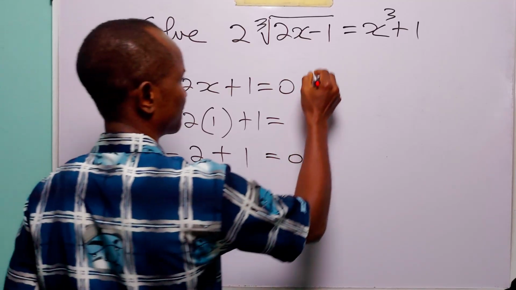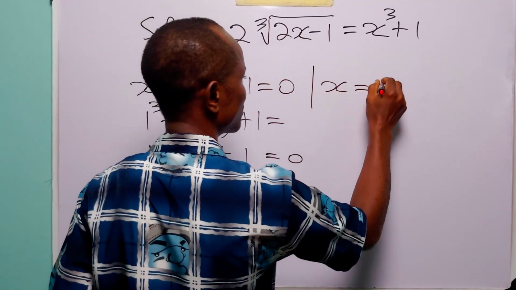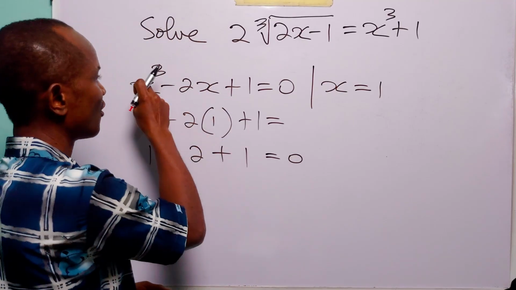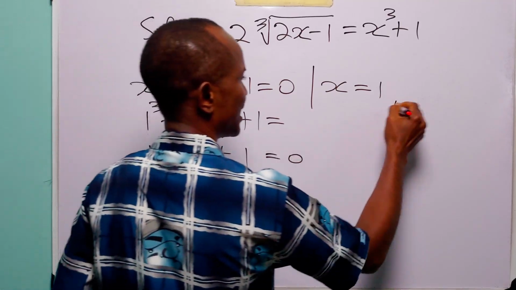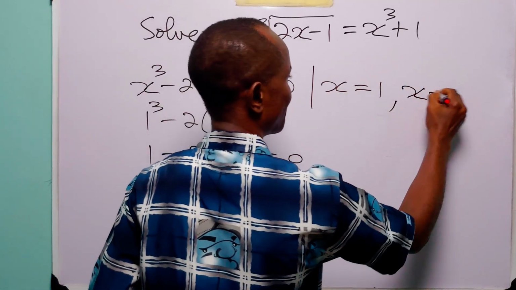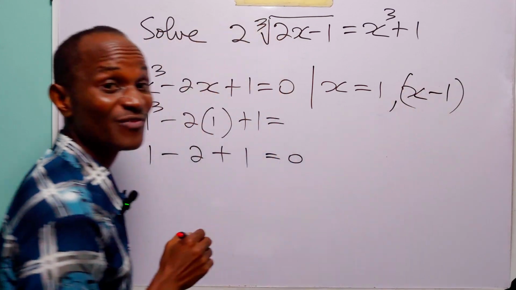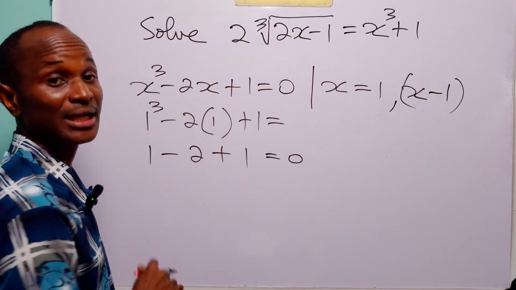So we have that x equal to 1 is a root of this cubic equation. Hence, x minus 1 is a factor of this cubic equation.